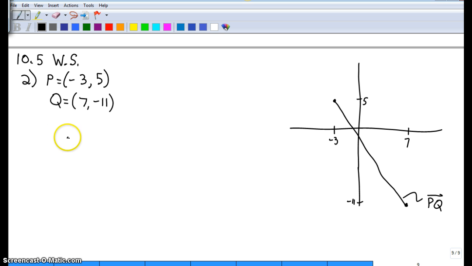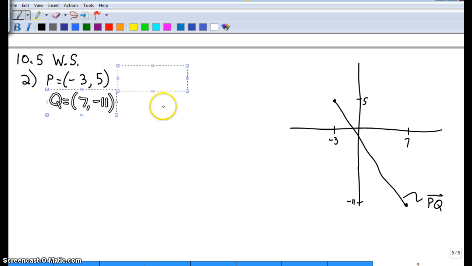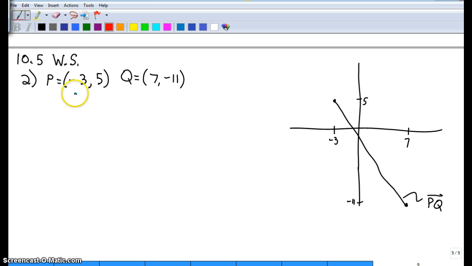It's really simple. I'm actually going to move my Q up here, and just like I did in class, I'm going to call this x1, y1, and this x2, y2.